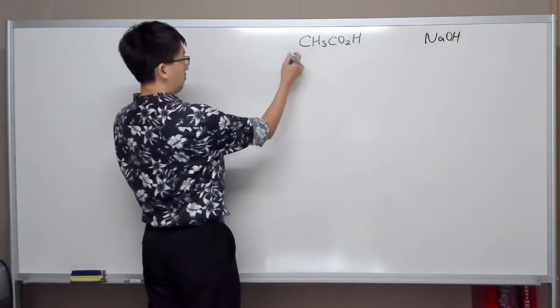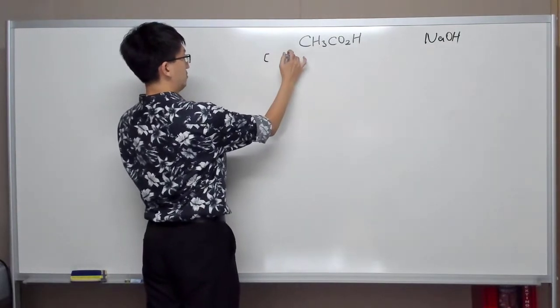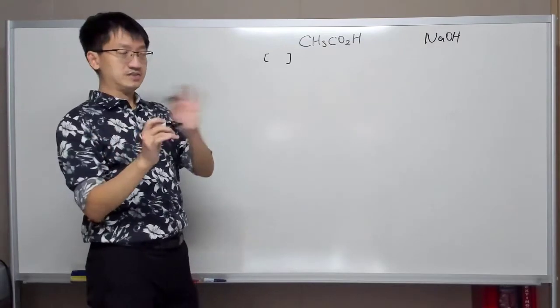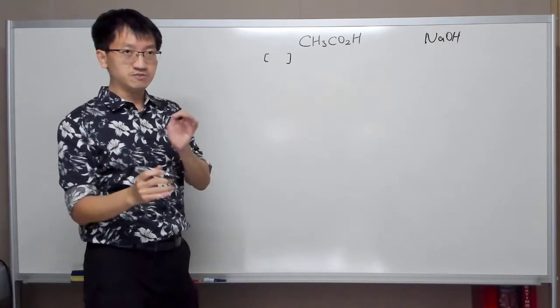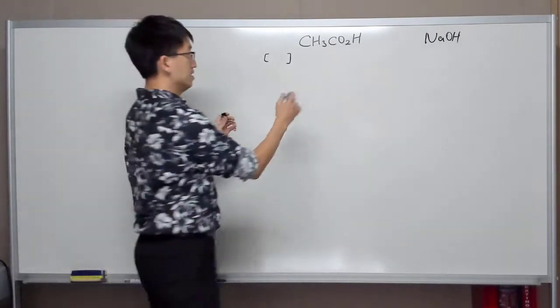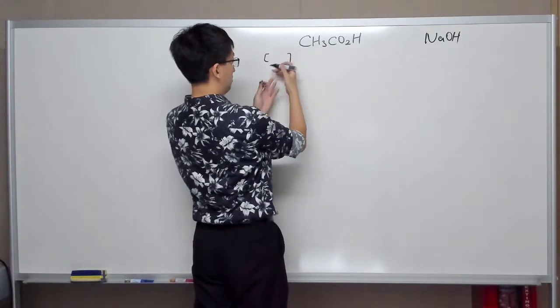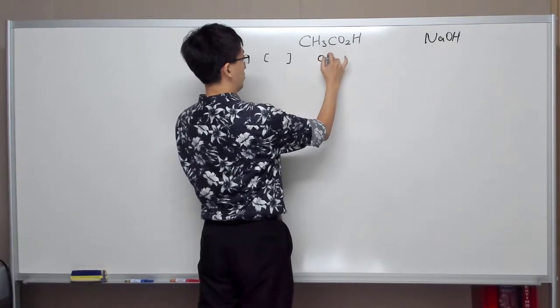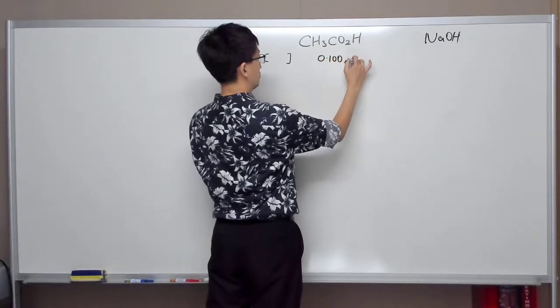First of all, I will indicate to you the concentration. I will use simple numbers so that it's easy for calculation and easy for me to illustrate a concept across. A simple concentration for ethanoic acid will be 0.100 moles per dm cube.